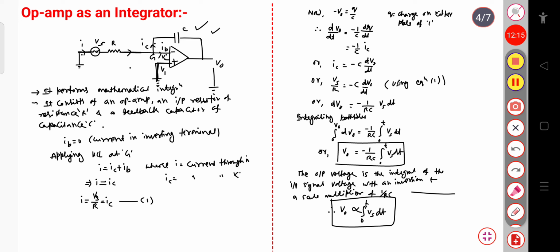In the differentiator there is also an inversion, that is a negative sign, but the scale multiplier is RC, whereas in the integrator the scale multiplier is 1 by RC.